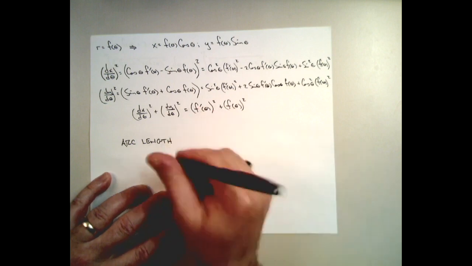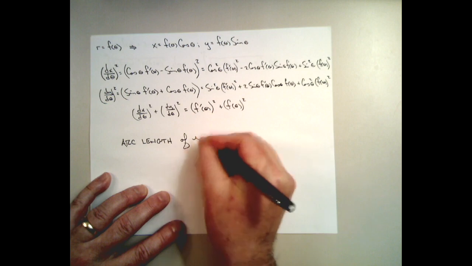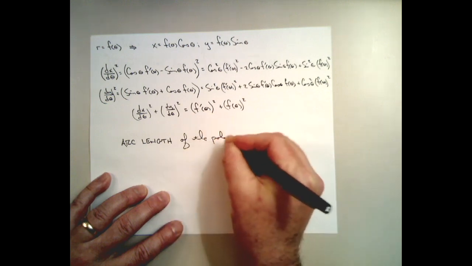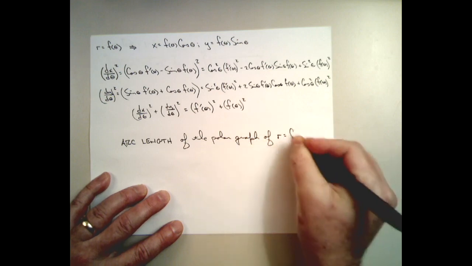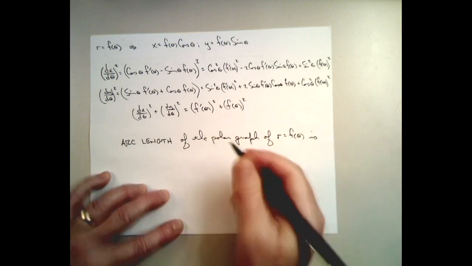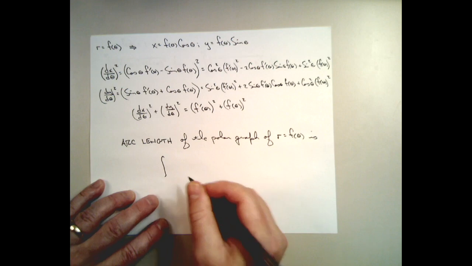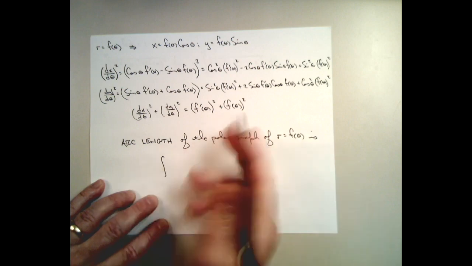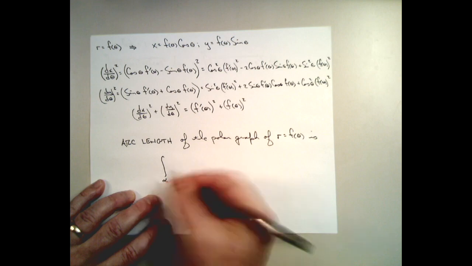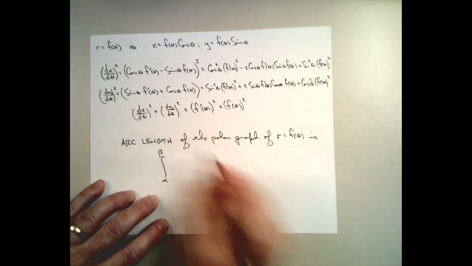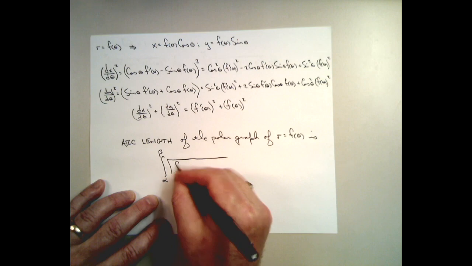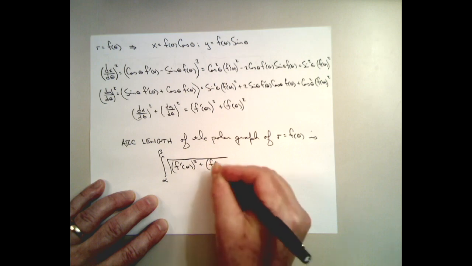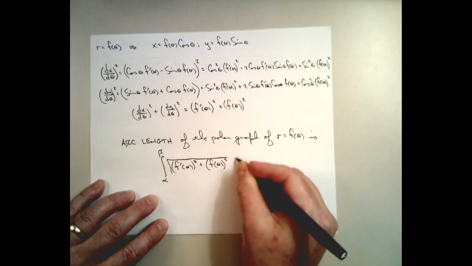The arc length of the polar graph of r equals f of theta is, well, let's see, it's going to be the integral from, in the case we're doing, 0 to 2 pi, but in general, we'll start at some angle and end at some angle, of the square root of f prime theta quantity squared plus f of theta quantity squared.